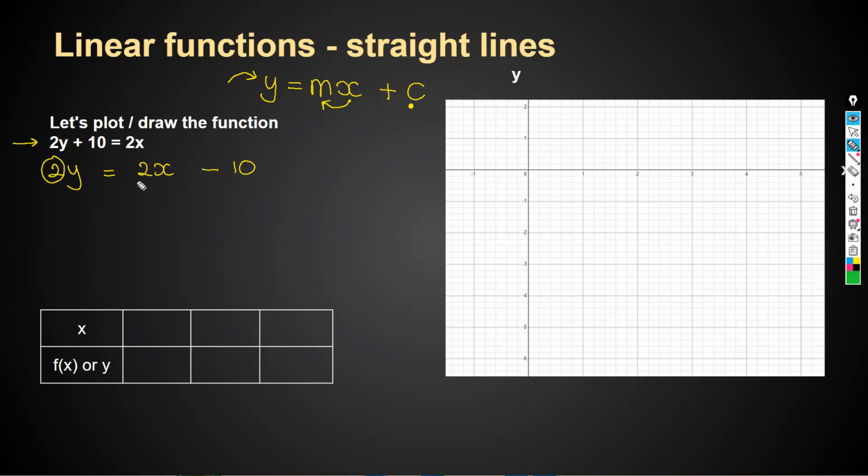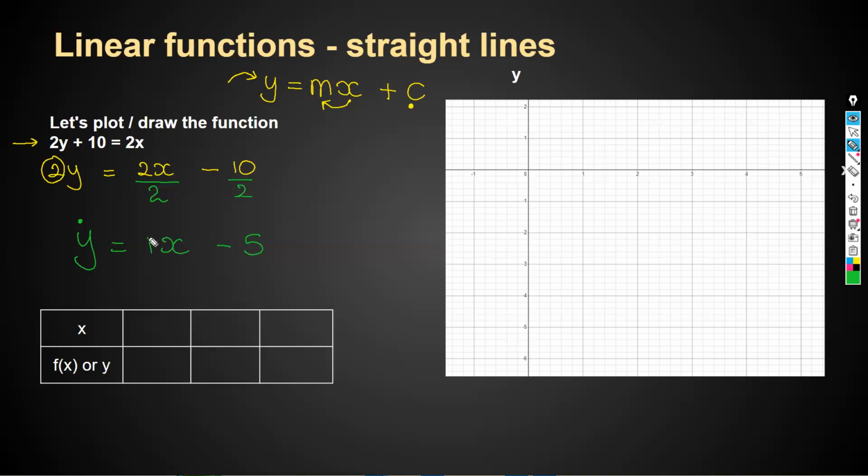But you have 2 items waiting here, so you have to divide both of them at the same point in time by this 2. So now we get y is equal to 1x, well, positive 1x minus what? 5. Now we can identify who is the gradient and who is the y-intercept, right?